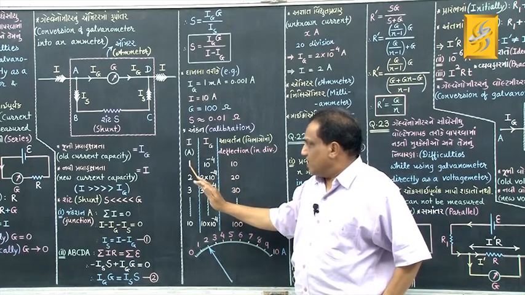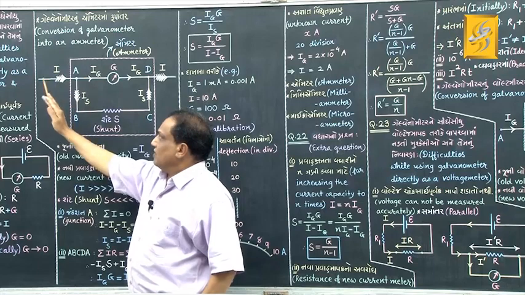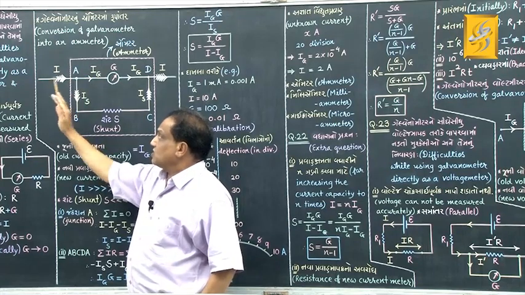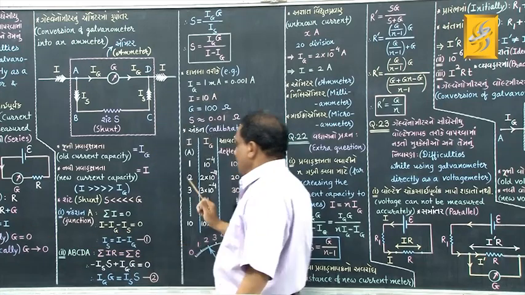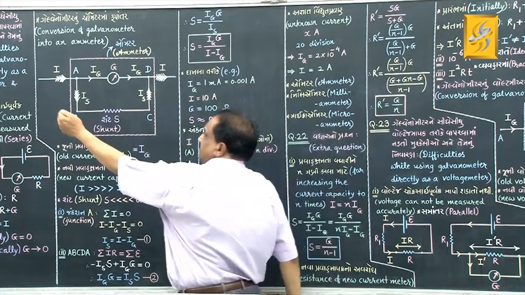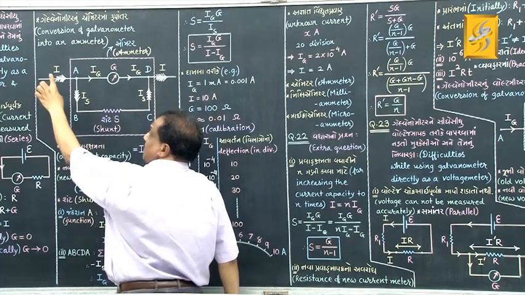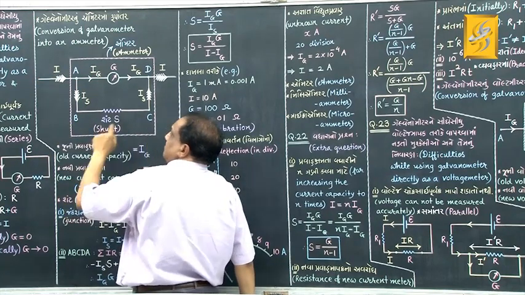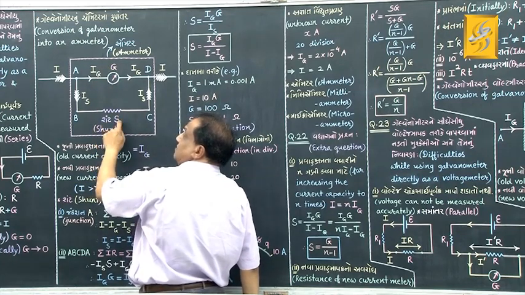Now suppose 1 ampere current is passed through this parallel combination. What we do now, we pass known currents through this parallel combination. Let it be first of all 1 ampere. When you pass 1 ampere current here, the current passing through galvanometer will be 10,000th part of this, because this resistance is 10,000 times than this resistance.